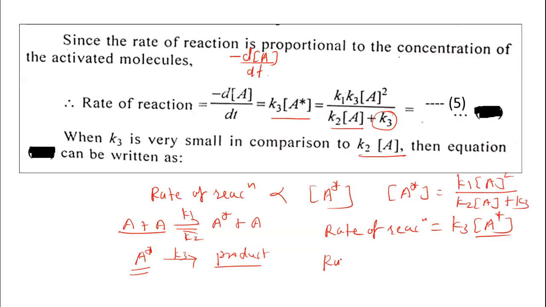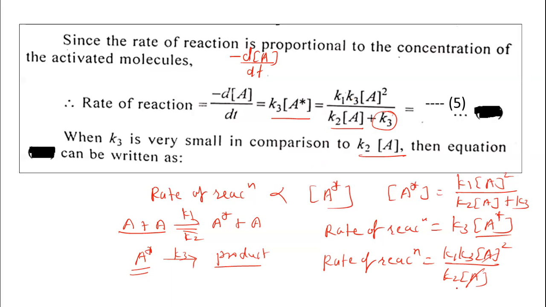Equation 5 can be written as rate of reaction is equal to K1 into K3 into A square divided by K2 into A. If K3 is very small, then it will be neglected in the denominator. So it is K1 into K3 divided by K2 into A.